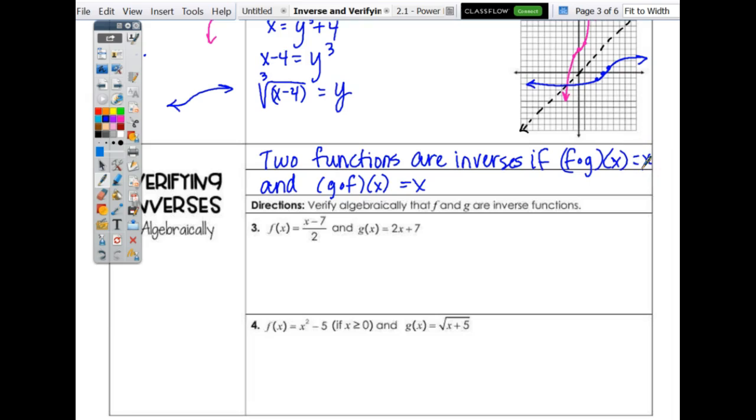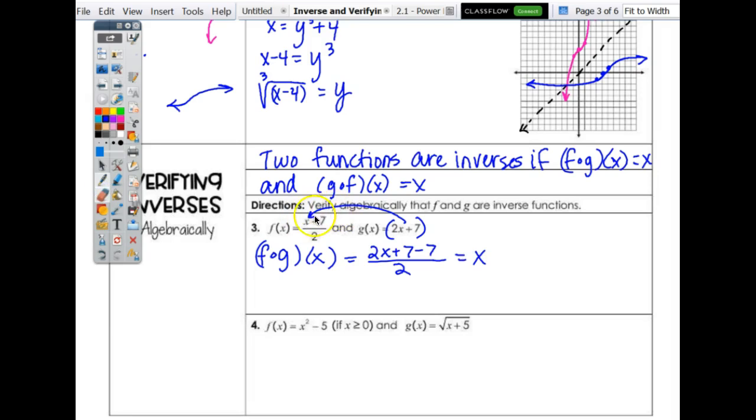If the composition of both of them equals x, they're inverses. If I do the first one, f of g of x, that means I'm going to put a parenthesis around g and plug it in for x. And if I do that, I get 2x plus 7 minus 7 over 2. What happens to the 7s? They cancel. What happens to the 2s? So what am I left with?